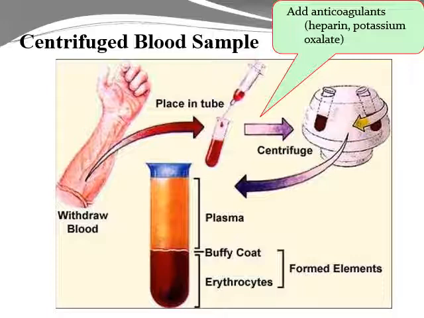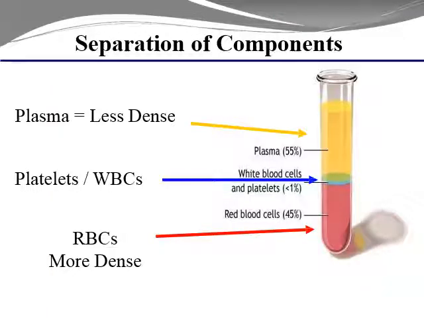The majority of the blood, as we have seen, is plasma, around 60%. Plasma remains at the top, being the less dense one. The most dense ones are the RBCs, so they'll settle at the very bottom. And then we'll have WBCs and platelets, and then at the very top we'll have the plasma.